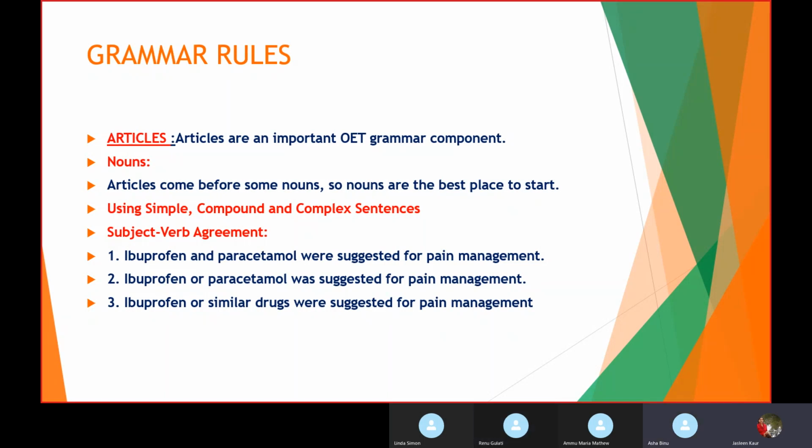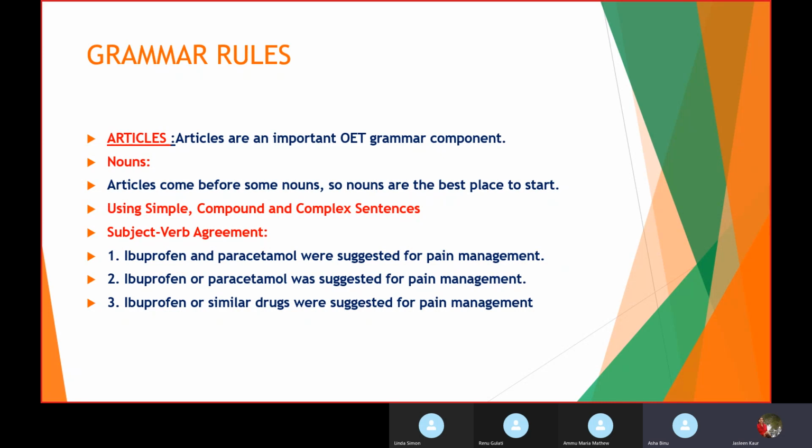No, wrong. Why? Drugs were first, right? Ibuprofen is only one, singular. So then 'was' will be correct. That's what I'm saying, was.